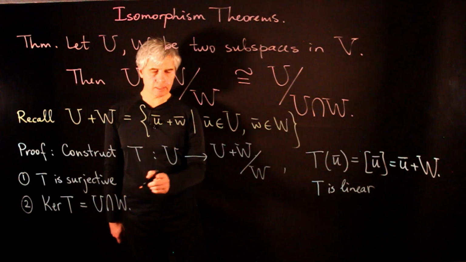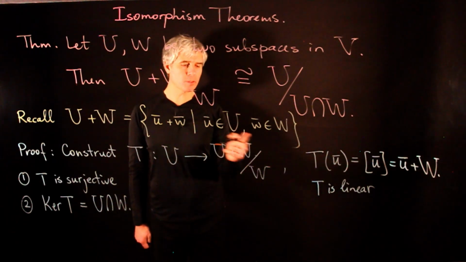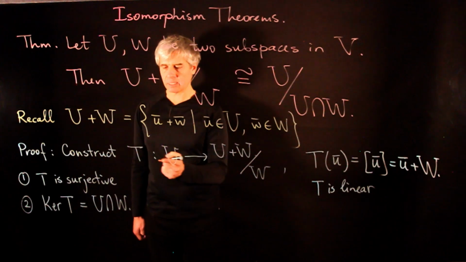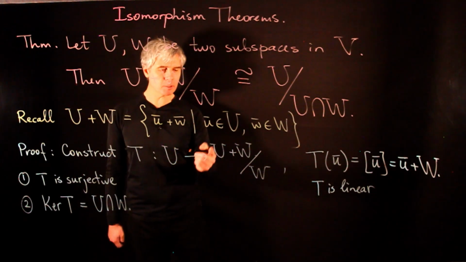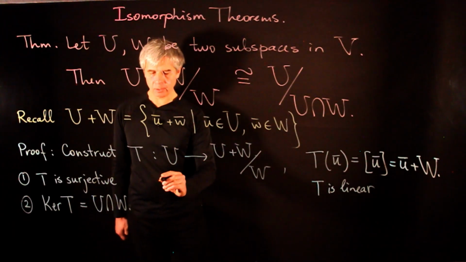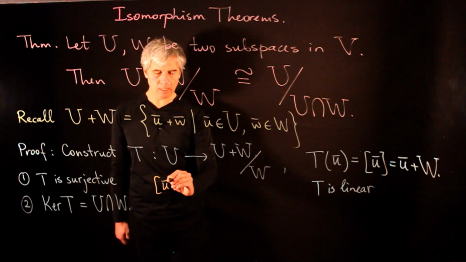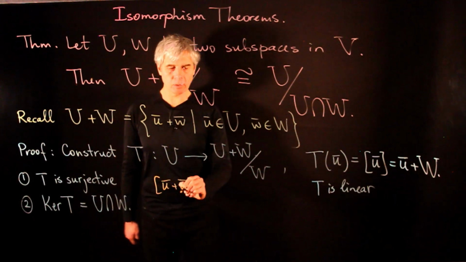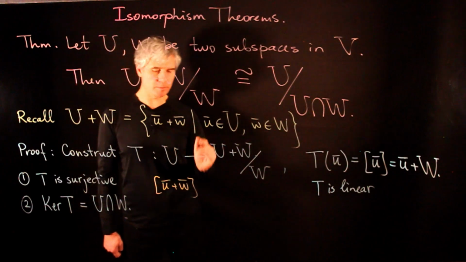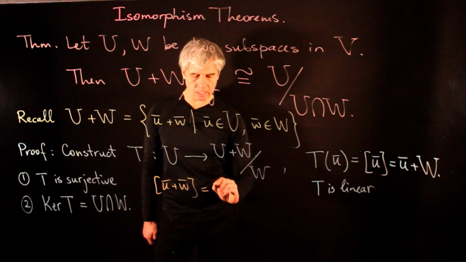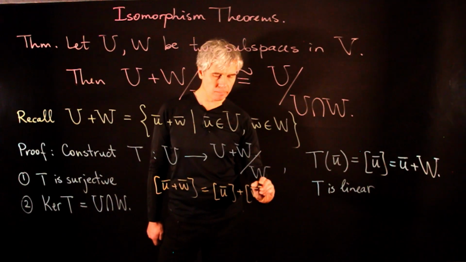To prove that T is surjective, we need to show that an arbitrary vector in this quotient space has a pre-image under T. But what is an arbitrary vector in this quotient space? This vector will be written as a class of u plus w, because this is how vectors in the sum of these subspaces are formed. But this is equal to the class of u plus the class of w.